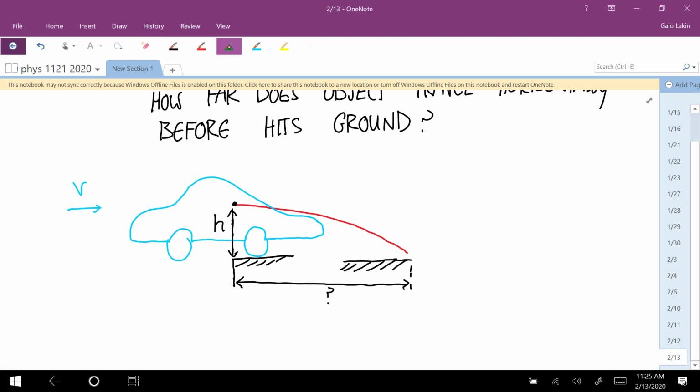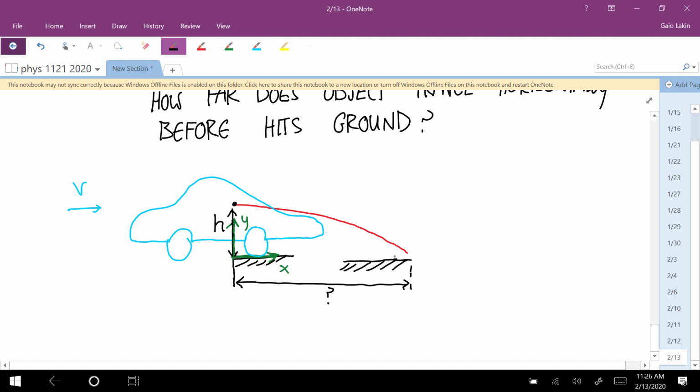Okay, well, I'm going to put the origin on the ground right beneath where it's dropped. So x-axis is horizontal, y-axis is up. We know some stuff about when the object's released, and we know some stuff about when it hits the ground, and we're trying to find information about when it hits the ground.